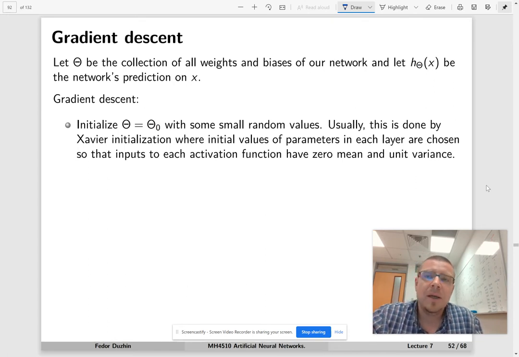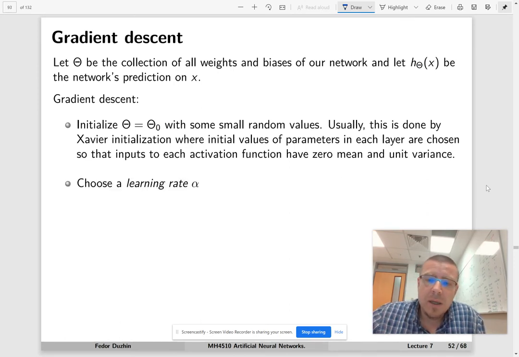And if you initialize it with numbers that are too large, then it's not going to train well either. So you need to choose a good way, and the good way is known. It's called Xavier initialization, and in Keras, the library that we will use to train artificial neural networks, it's just the default, so you don't really have to worry too much about it.